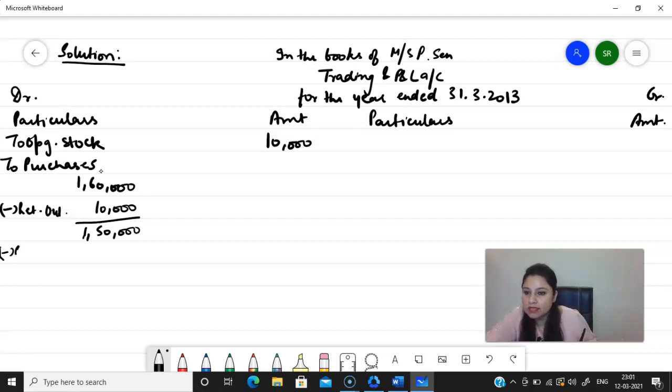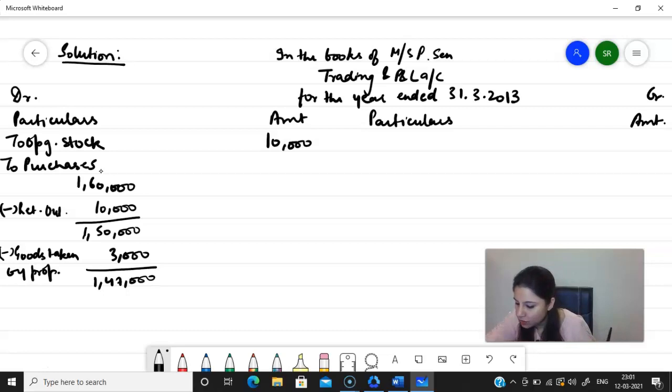So here, less goods taken by the proprietor. It is not a sale basically. Such goods have been withdrawn for own use, so we will not be including that in the sales, but reducing the amount of such goods from the purchases. So goods taken by proprietor amounting to 3,000, which brings us to the net 1,47,000, right?